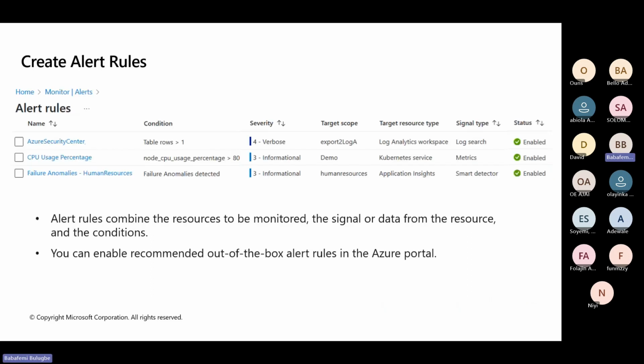This is just telling you some of the alert rules that have been created, and this is based on, let's say, CPU usage percentage. When this CPU usage percentage is more than 80%, it should be informational. It's not critical.